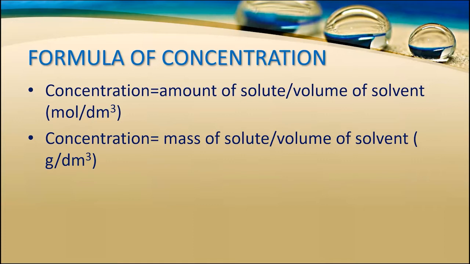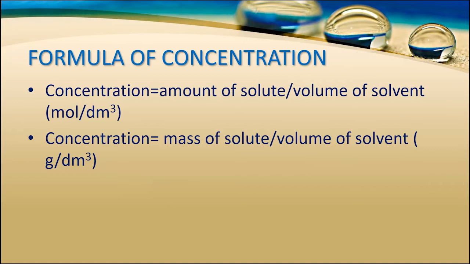The amount of solute is expressed in moles and volume is expressed in liters, so we get the unit mole per decimeter cubed, or mole per liter. And when concentration is expressed in mass per volume, we get grams per decimeter cubed or grams per liter. So it's the mass of the solute over volume of solvent or the total solution.